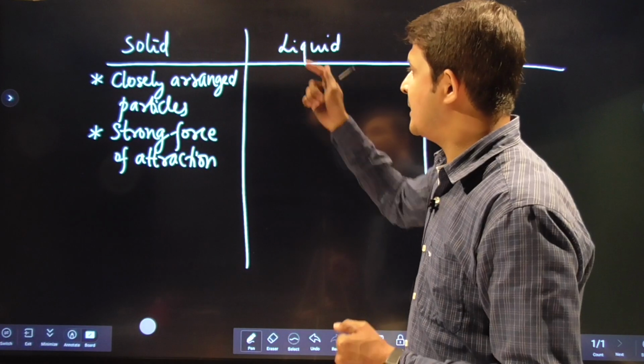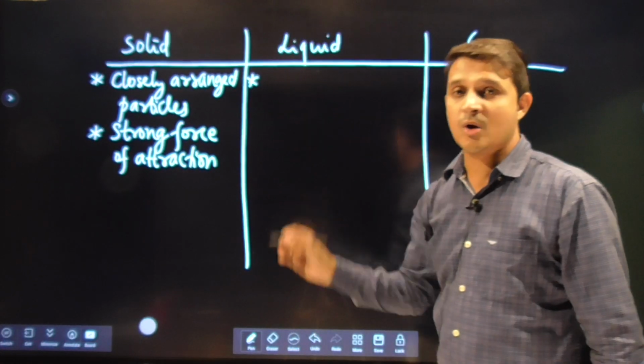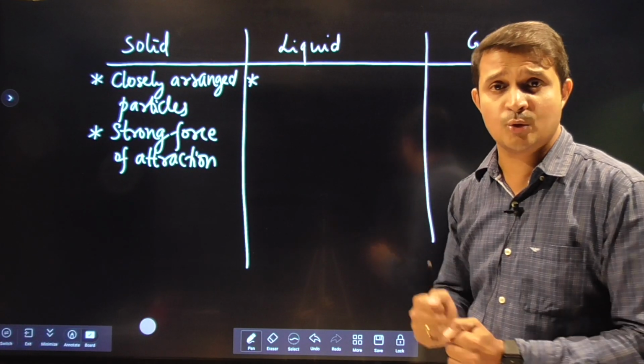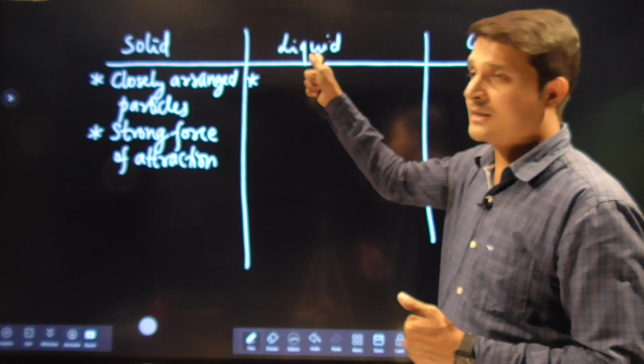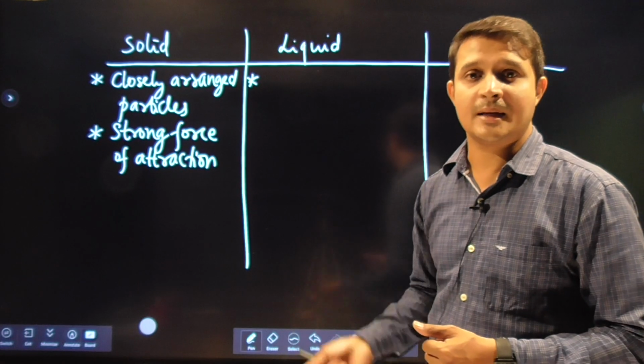Okay, coming to liquids. Here the particles are not so closely arranged. When the particles are not so closely arranged, they are free to move, and they give rise to a liquid. So there is some space between the particles.